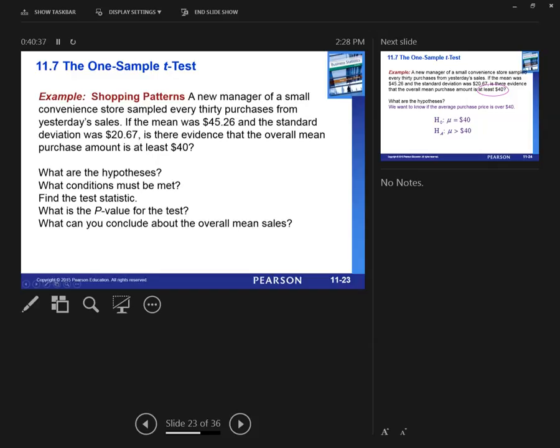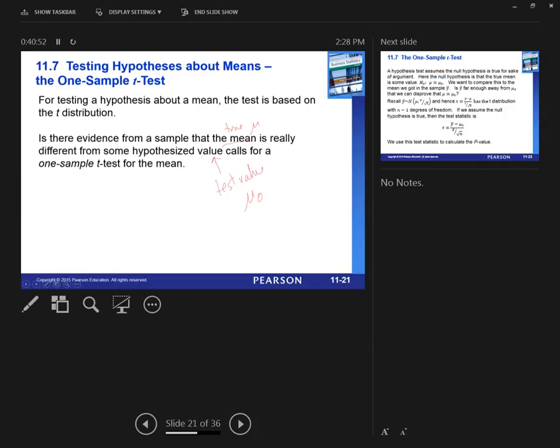Is this $45 far enough away from $40 to say we think that the average purchase for all customers is over $40? So the mu 0 is 40 bucks. We're going to test whether the true mean is over $40. Okay.